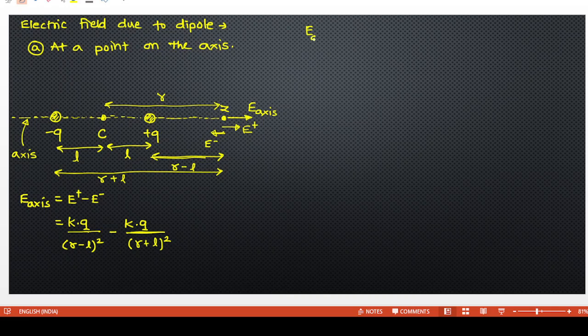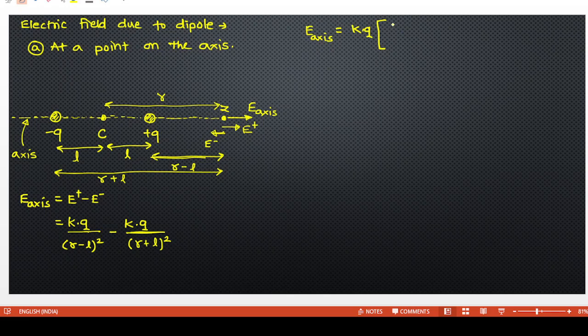Electric field at a point on the axis of an electric dipole is equal to kq outside the bracket, 1 upon (r minus L) square minus 1 upon (r plus L) square.